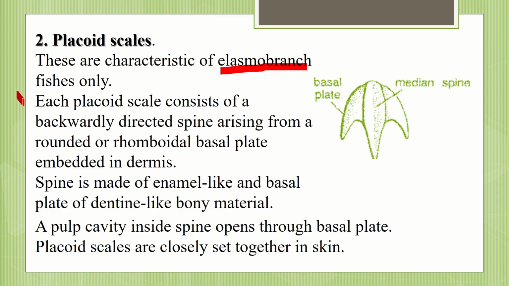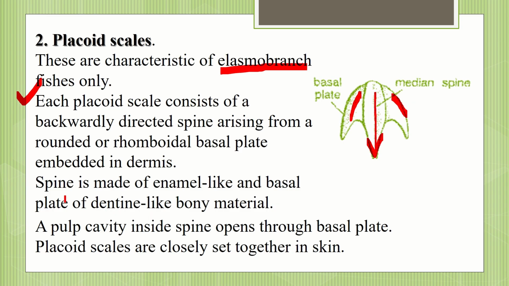Each placoid scale consists of a backwardly directed spine arising from a rounded or rhomboid basal plate embedded in the dermis. The spine is made of enamel-like material and the basal plate of dentine-like bony material.